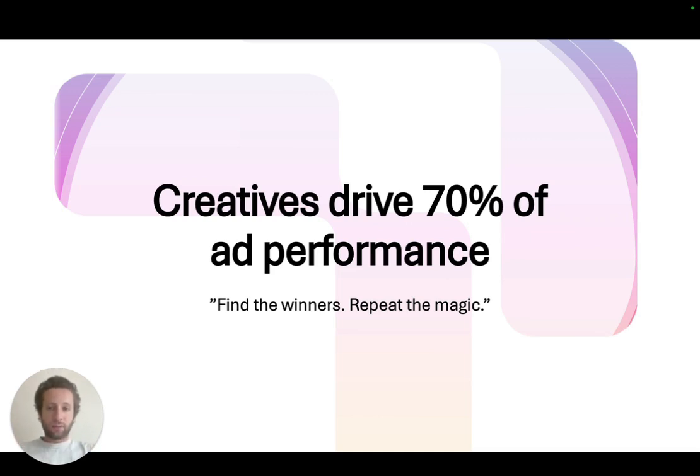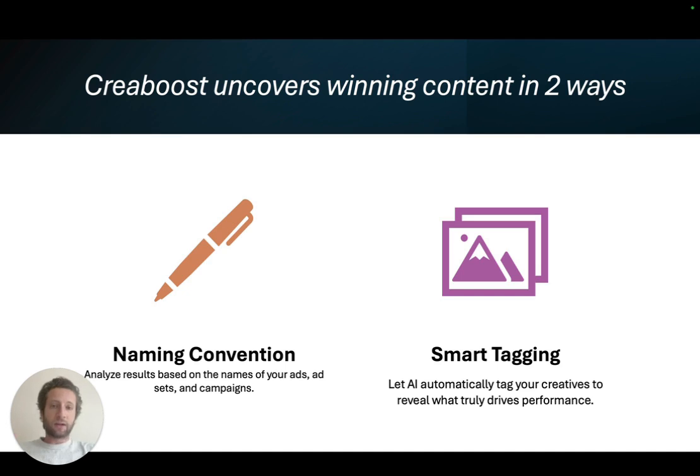How can Creaboost help you find the winners and repeat the magic? Creaboost has two features that will help you do this. First, there's the naming convention, which I won't dwell on because that's the focus of this tutorial, and a second feature that will be covered in another tutorial called smart tagging. Basically, the naming convention is a feature that relies on the naming of your ads, ad sets, and campaigns.